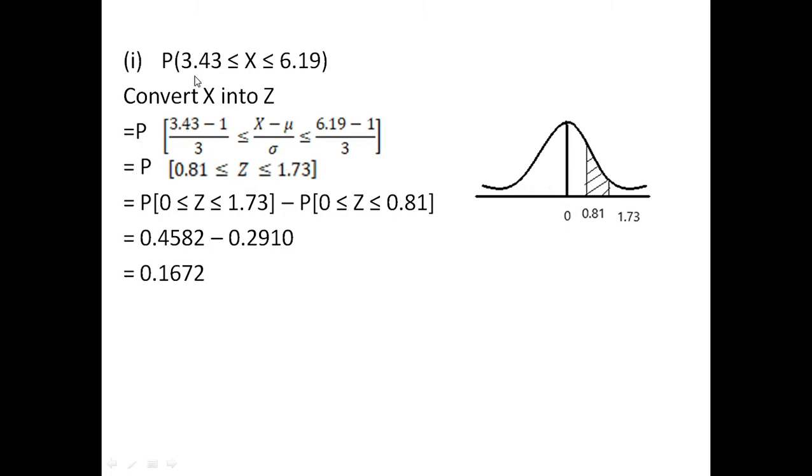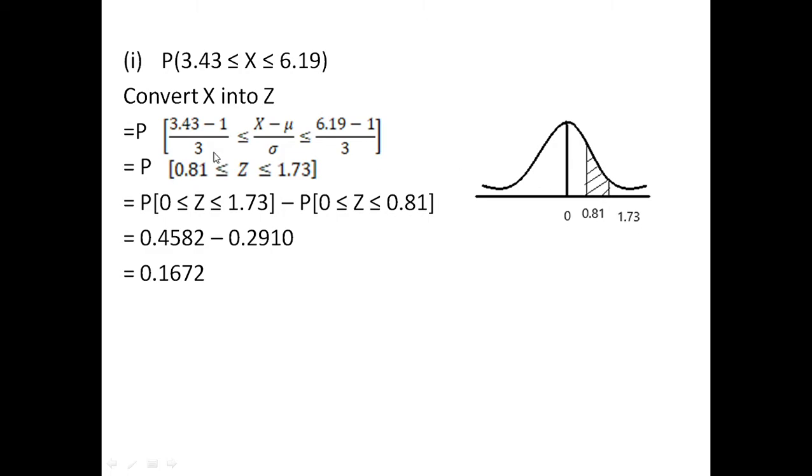So here I have done the same thing: minus 1, because the mean is 1, and divided by the standard deviation, which is 3. Now we got these values. Now here we will use the normal curve. Here you can see the standard normal curve. This line shows 0.81 and this line shows 1.73.